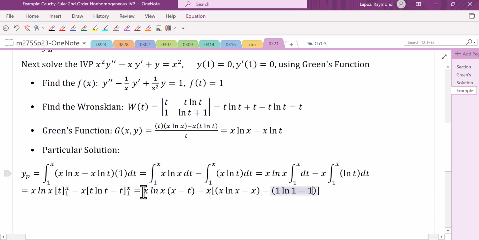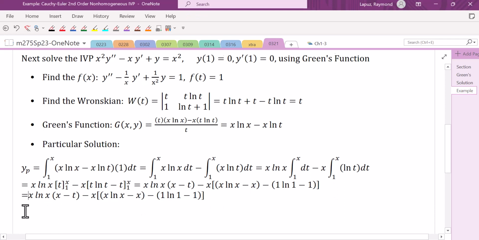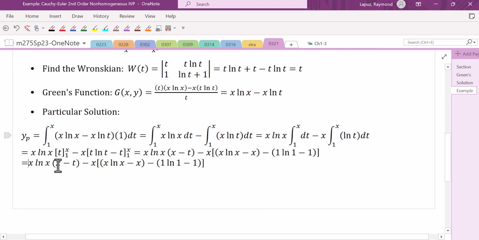All right, let's keep working with this. So let's say equals here. Let's distribute this x. I'm sorry, this is x minus 1. What happened? This is supposed to be 1, x minus 1. All right, now let's distribute this x.